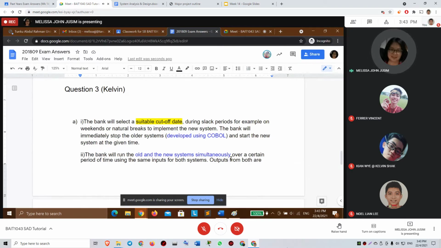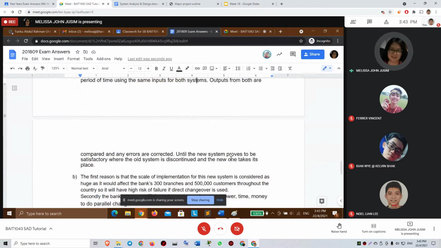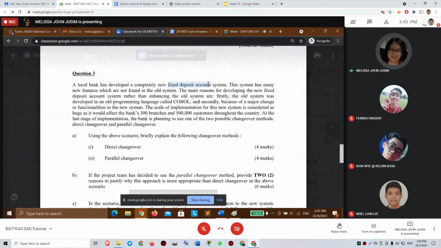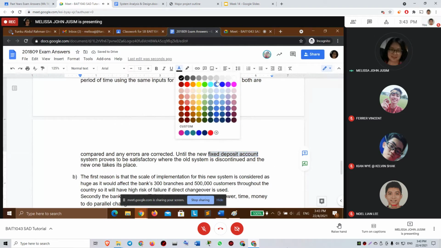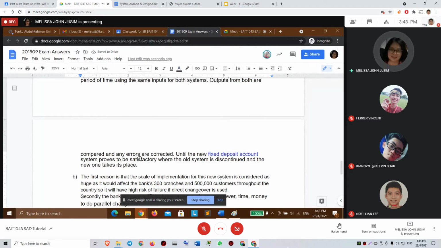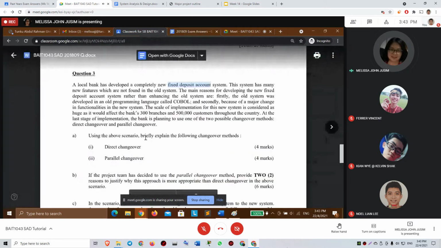Outputs from both are compared and any errors are corrected until the new fixed deposit account system proves to be satisfactory, because you need to use the scenario. Then this is where the old system is discontinued and the new one takes its place. All right.